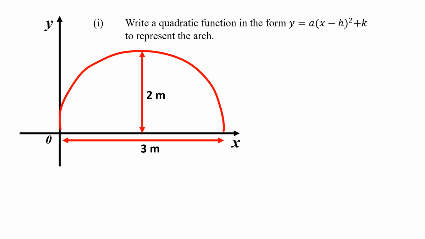If you're not too sure what the completed square format versus the intercept format means, then please refer to the video that I have done. The title is, I think, factorizing quadratic functions in different ways.